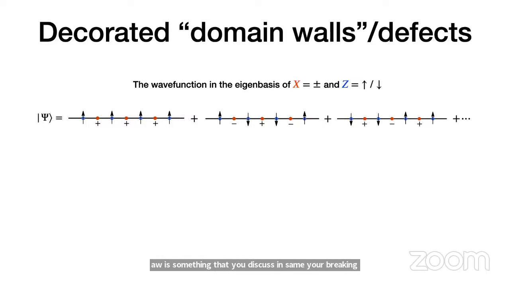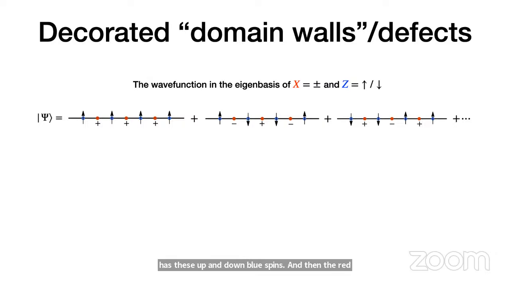So you write a wave function in the eigenbasis of red X and blue Z. The red X eigenvalues will be denoted by plus and minus, and the blue Z by up and down. We can write down a wave function that has these up and down blue spins, and the red sites in between have plus or minus.